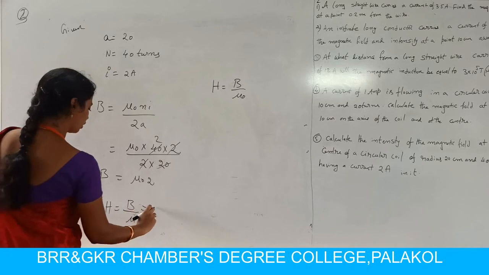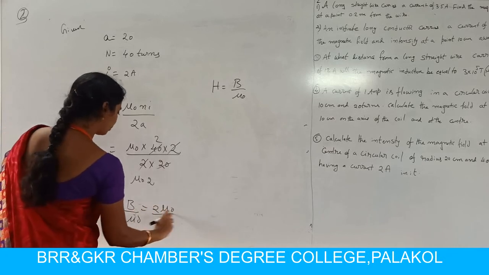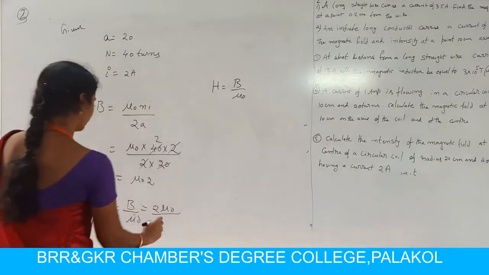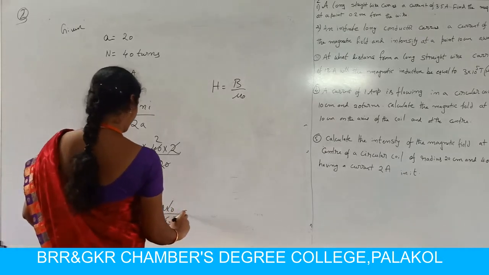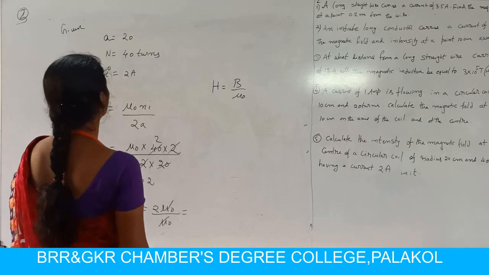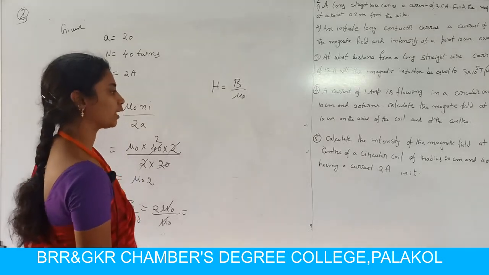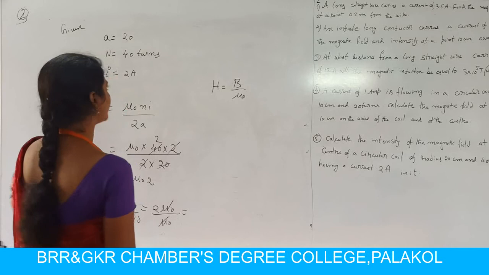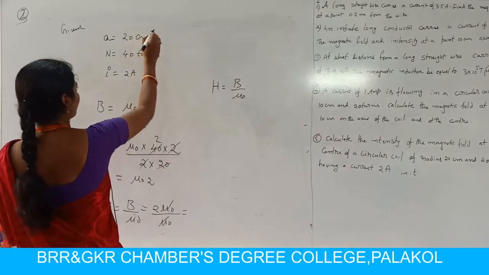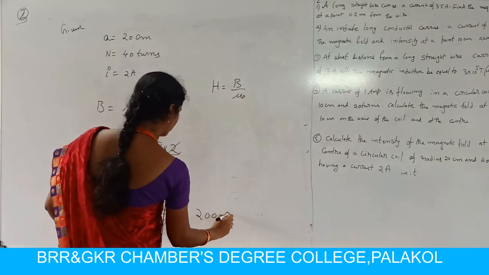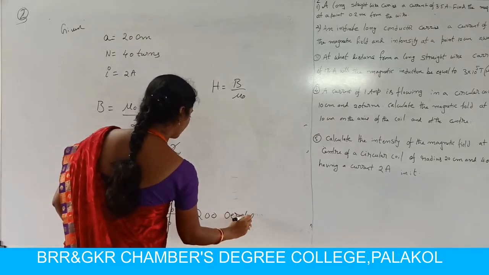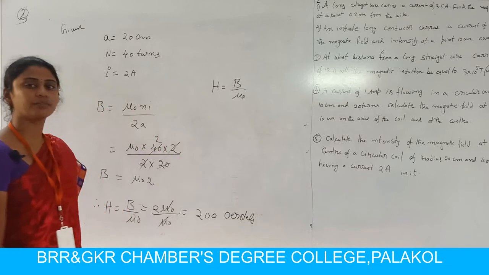So B is 2 mu naught divided by mu naught. This mu naught cancels, and we have H. Here the value of a is given in centimeters, so it is converted into meters, then it becomes 200 oersted units. This is our fifth problem.